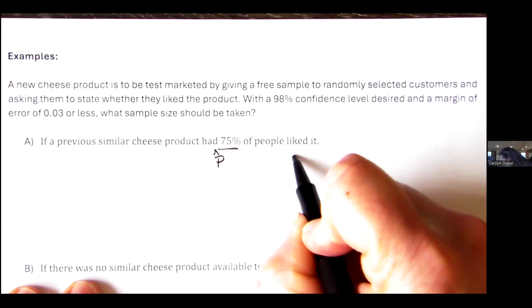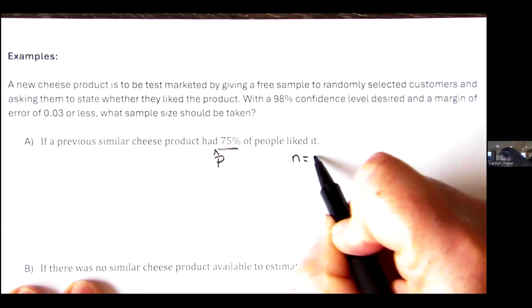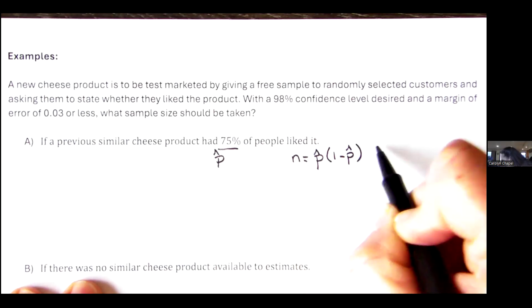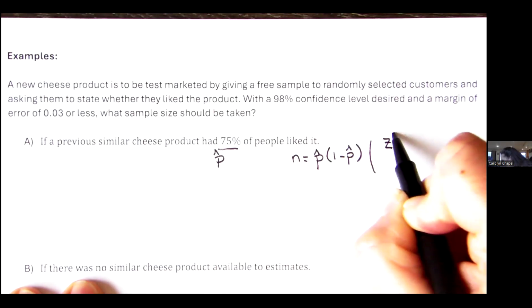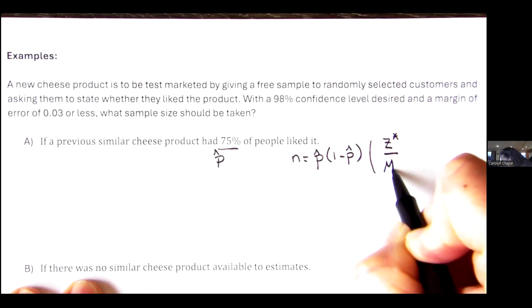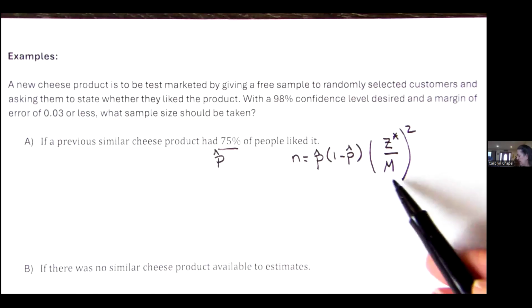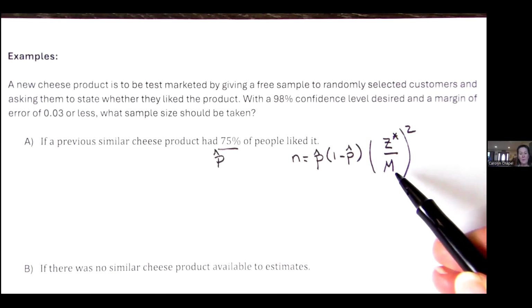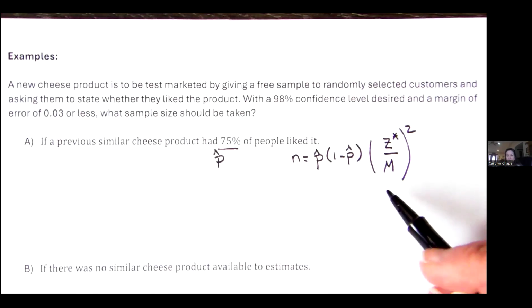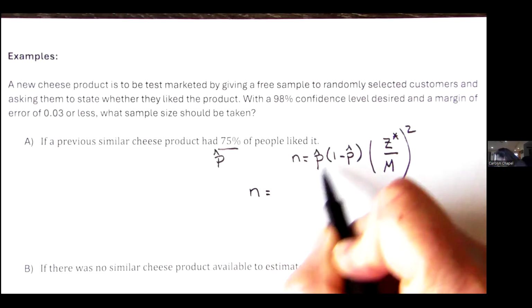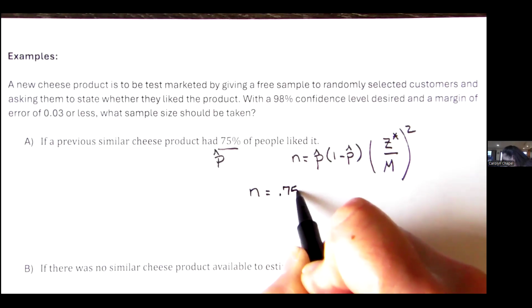So looking at n, our formula again is p hat times 1 minus p hat. Notice here, this is a little different than before. The only thing being squared is this portion. So we have to be a little bit careful when we're doing that. But now we're going to put our pieces in. Our p hat is 0.75.